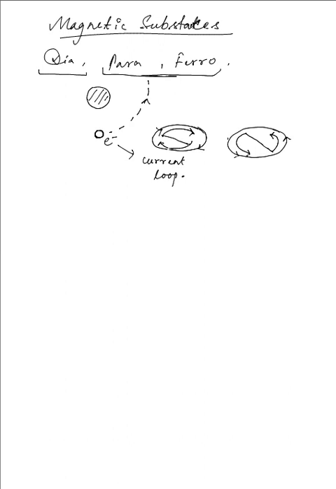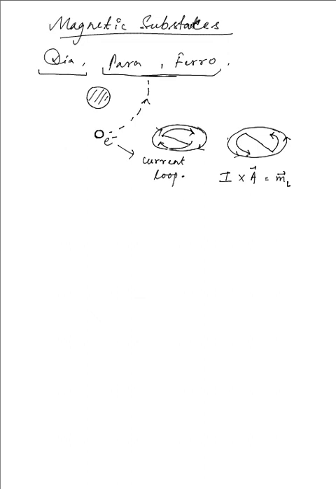So it has a current, and the current can be multiplied with the area of the loop, and then we have the magnetic dipole moment that we have discussed in the previous videos. This is the orbital case, and the magnetic dipole moment in this case is an orbital magnetic dipole moment represented by ml.